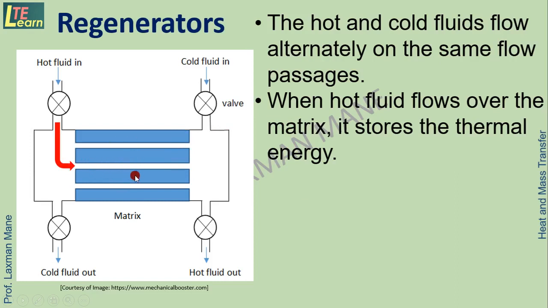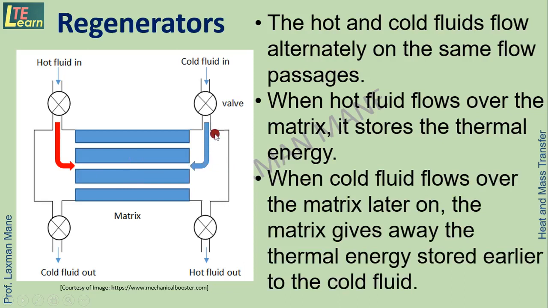Then when the cold fluid is flowing over the matrix later on, the matrix gives away the thermal energy stored earlier to this cold fluid. So the cold fluid is going inside at this point and coming out at this point. The hot fluid is going inside at this point and coming out at this point.